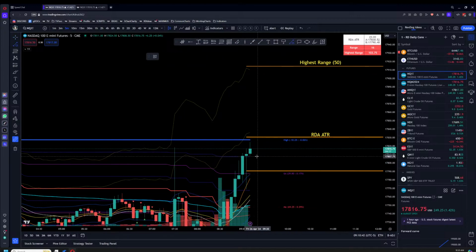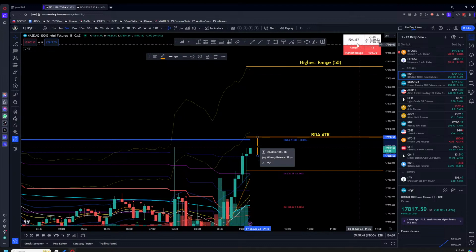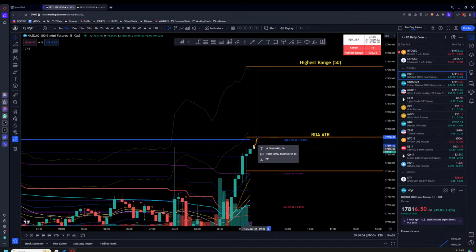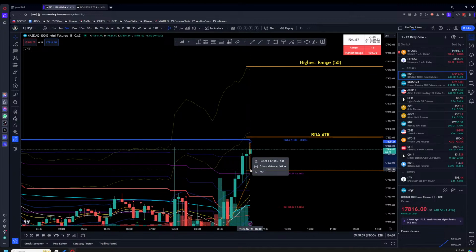So it's from the low to here is the RDATR. I don't have it exact. And then the downside is from the high to here. Now, why is that off? I got to look at that. It should be to here.